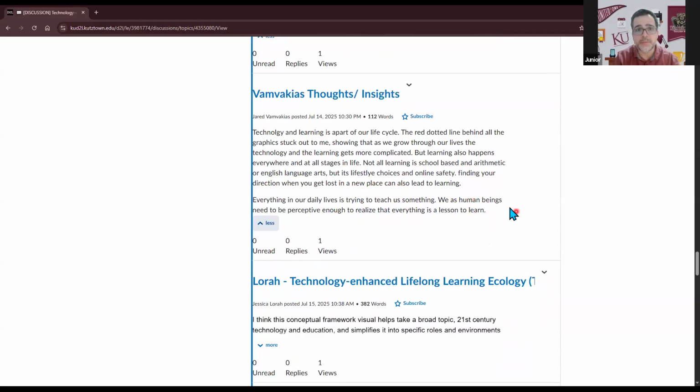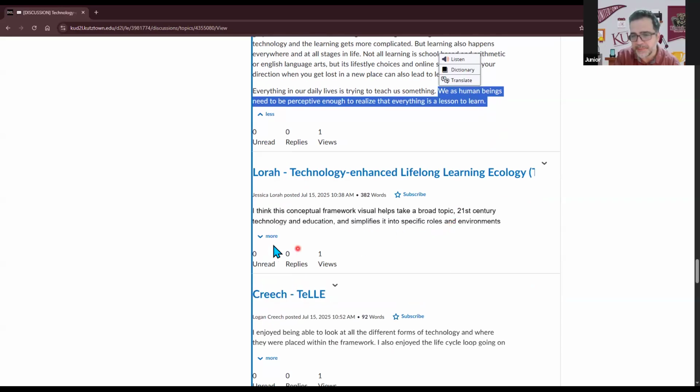Adaptability, right? Survival of the fittest. We need to problem solve. We need to make use of whatever technology we have available to help us get out of a predicament. I don't know how to pronounce this word. A difficult situation. Yes, thanks, Jared, for sharing that.